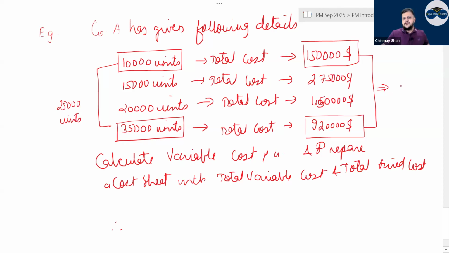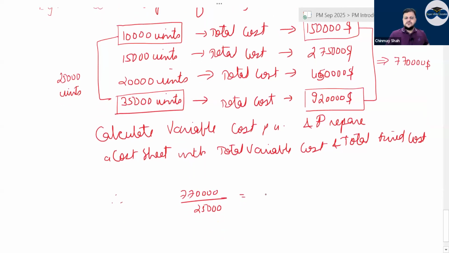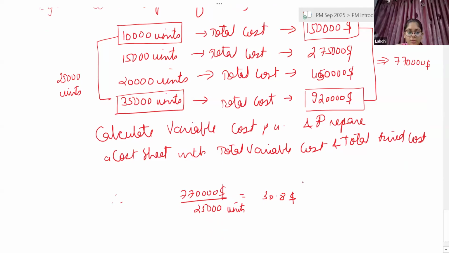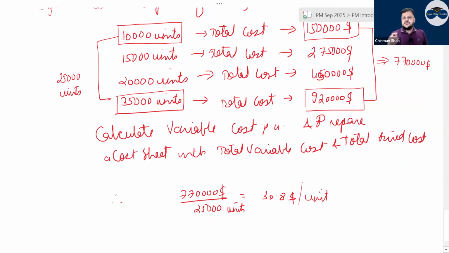And how much is the difference in dollars of total cost? 770,000. Therefore, 770,000 divided by 25,000. What will be your answer? 30.8. Is it dollars or dollar per unit, as you have divided by units? Dollar per unit.